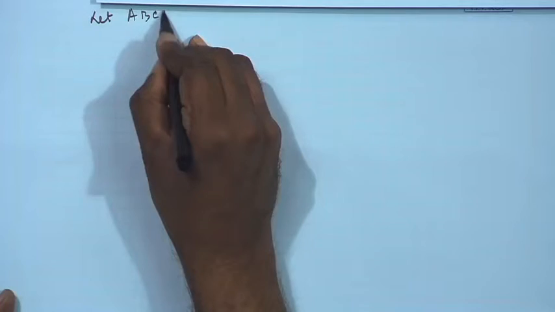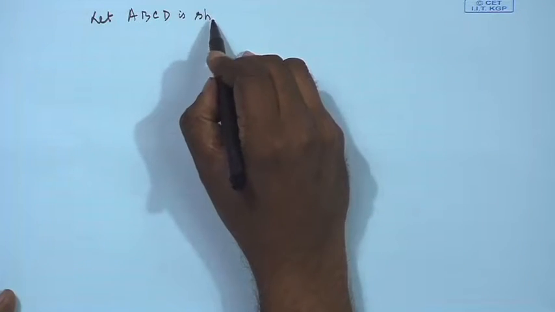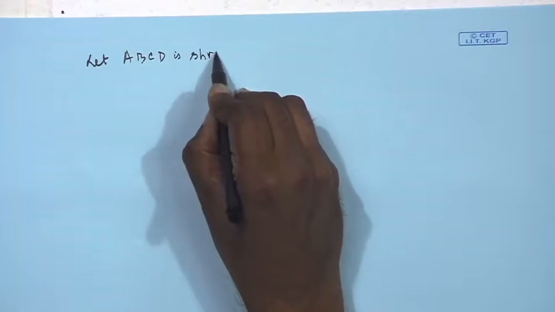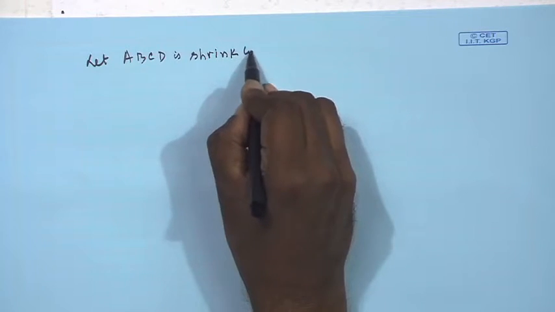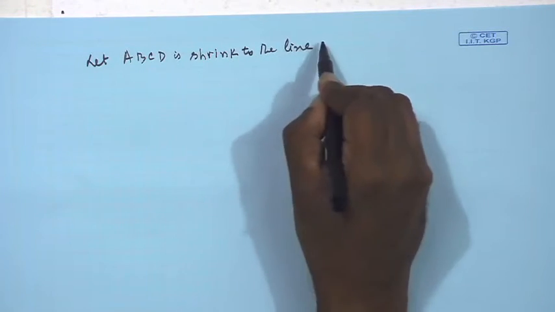So this line AD is collapsing onto the line BC. So let ABCD shrink to the line on the interface.